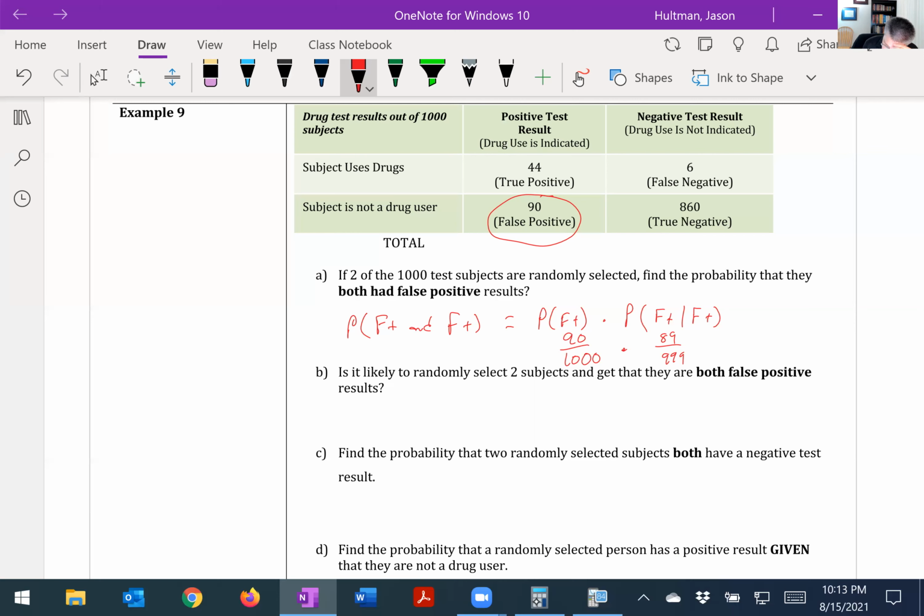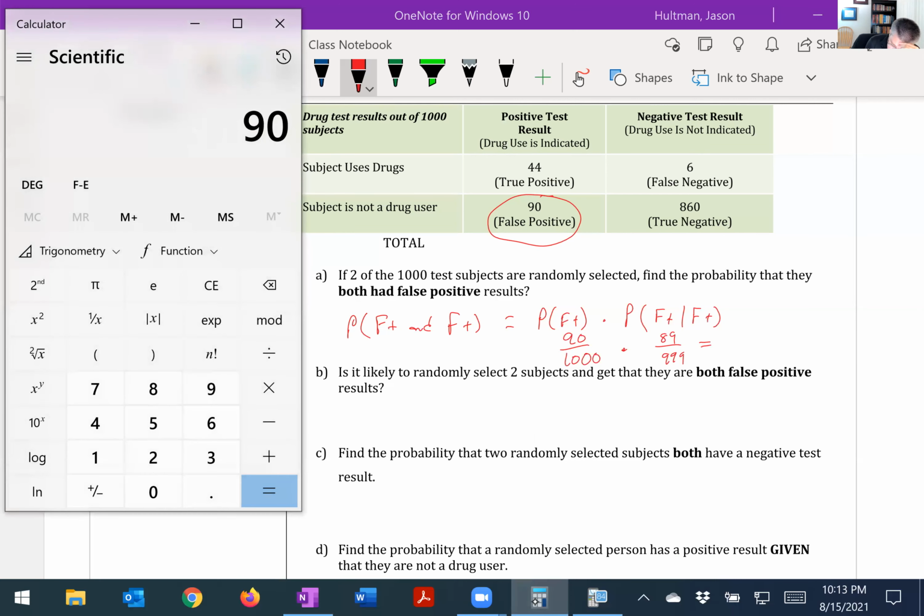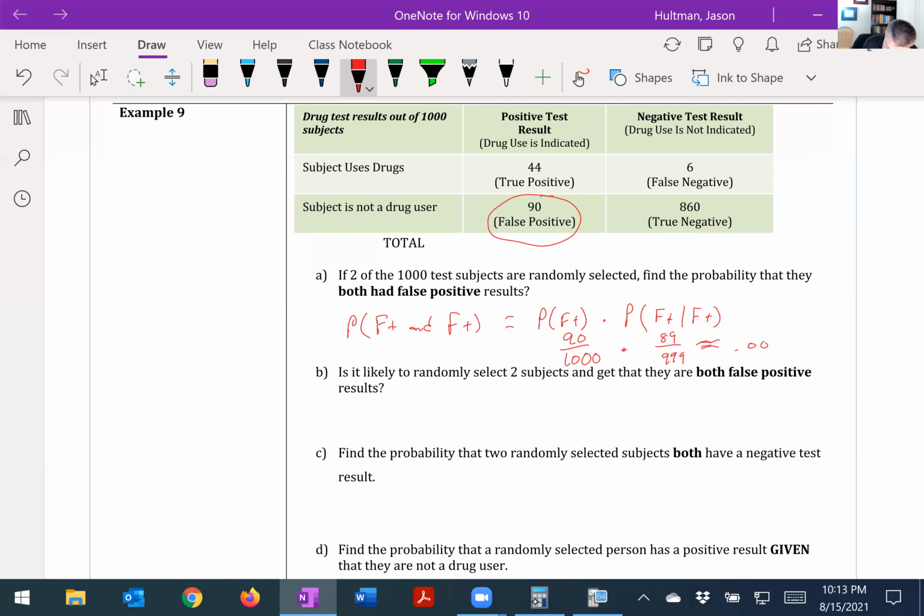So on the calculator, I'm going to go 90 divided by 1,000 times 89 divided by 999, and that's approximately 0.008.